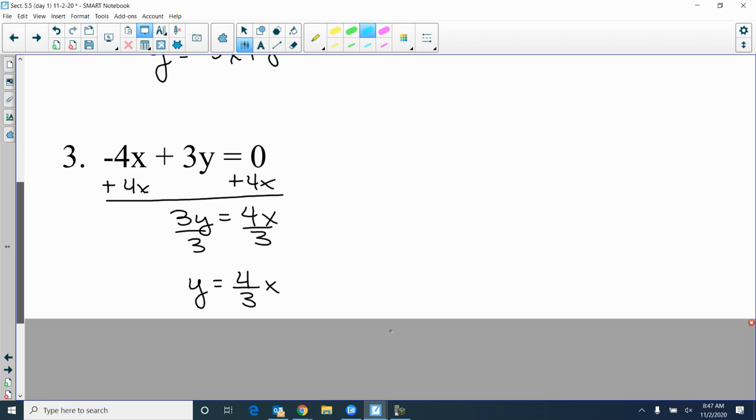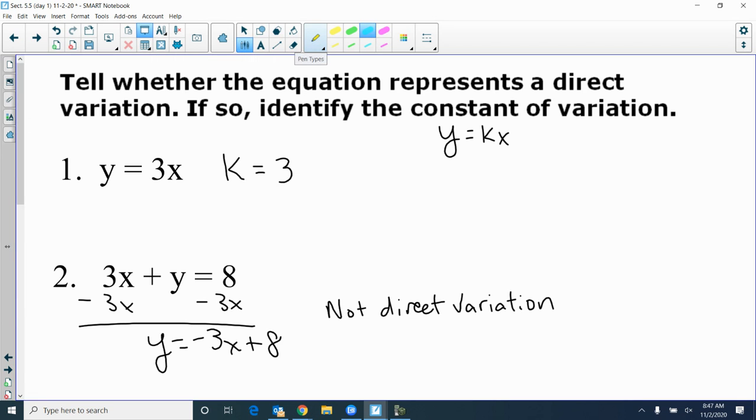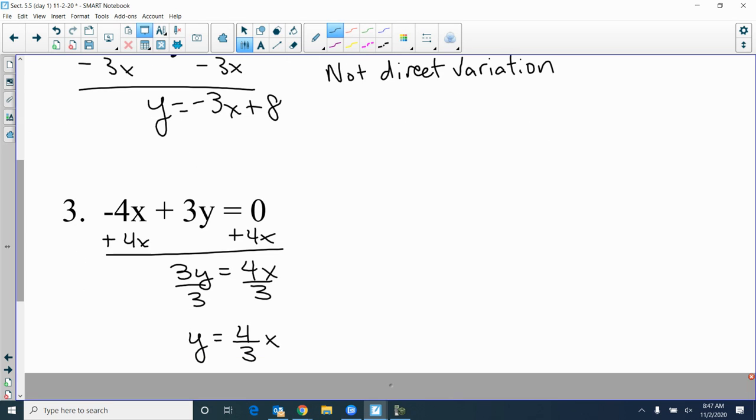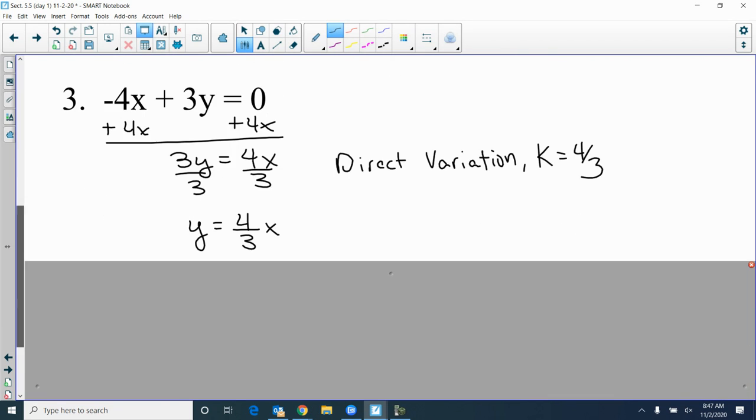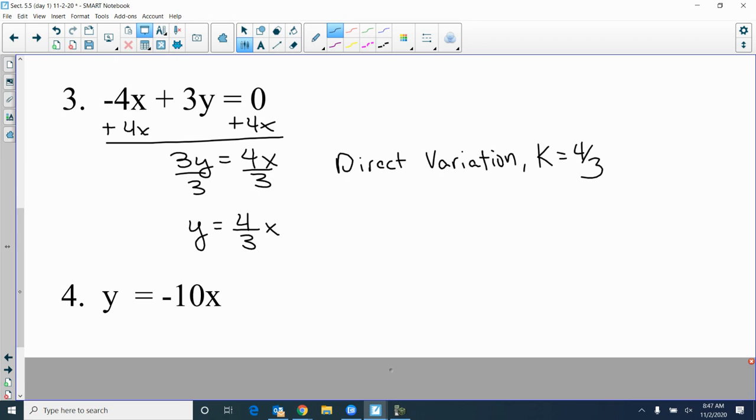Yes, it is. You just have that 4/3 in front of the x. You don't have a plus or minus anything, and you don't have any exponents. So yes, it is direct variation, and your k value is 4/3. Now this fourth one.